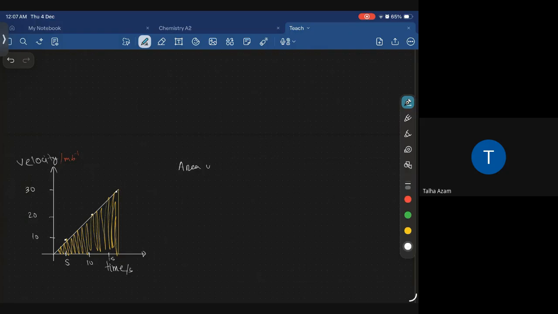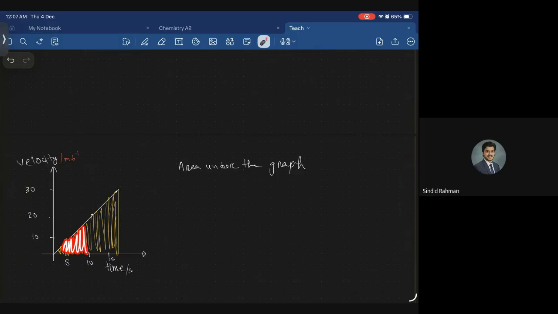You can find the time. What? That's the time. Let's say I told you to find what we can get from this area under the graph.